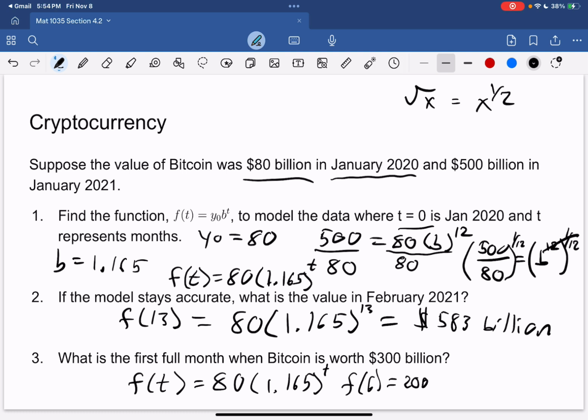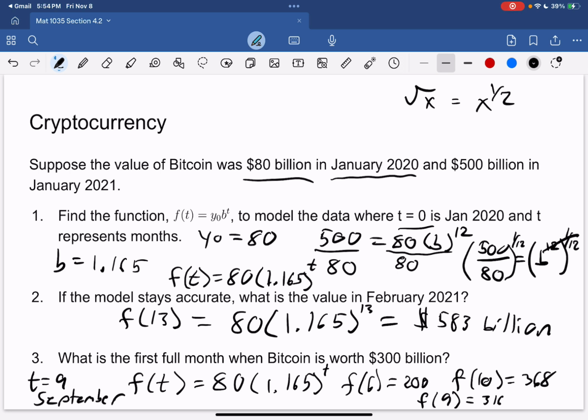When it's 10, I get 368. So I know that I'm between there and I'm close. So let's try 9. At f of 9, I get 316. Just to be sure, f of 8 is 271. So I know that it is when t is equal to 9. And that is in the month of September.